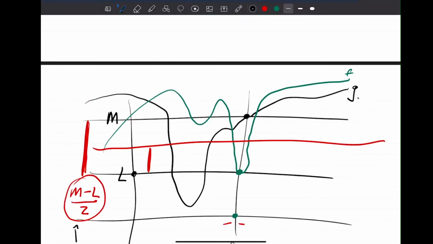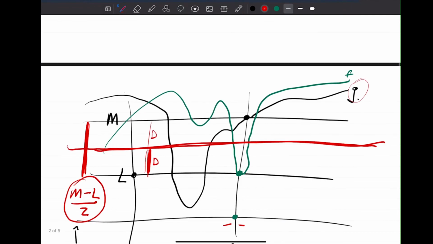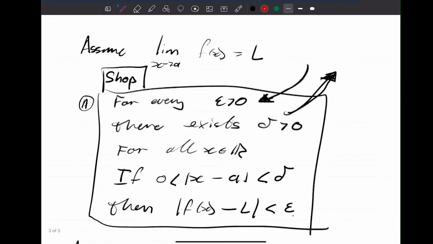So here, this red line is halfway between m and L, and we expect, by how we've chosen our D, so this distance is D, and that distance is D, we expect our function values to be above this red line, close to m. So that is not unexpected.